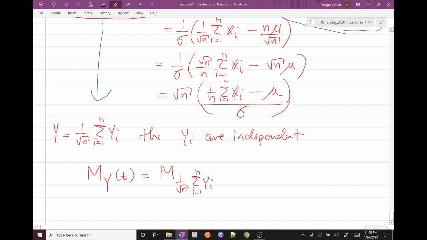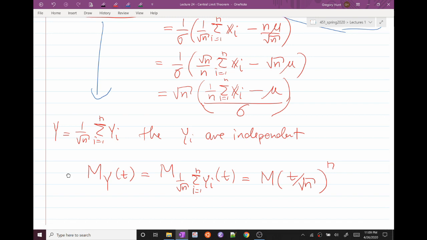Because these are independent, this thing evaluated at t is the moment generating function of any of them individually, let's just call it m, at t over root n, to the nth power. And that comes from a fact about moment generating functions. If you go back to our lecture on independence, you can show that to be true.